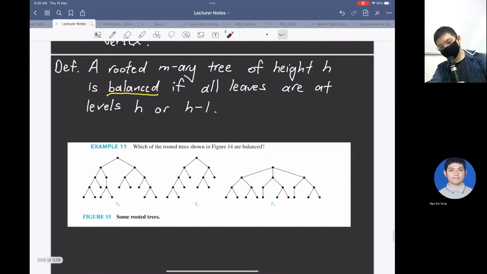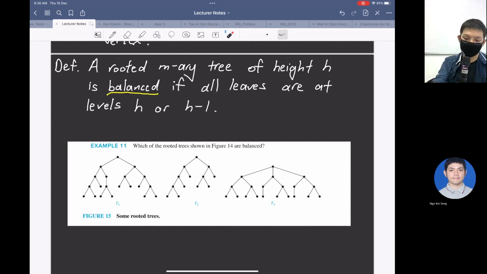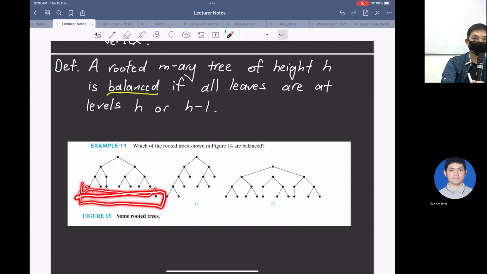Then we'll talk about when a rooted tree of height h is balanced. The tree is balanced if all the leaves are at level h or h minus 1. So all the leaves must be only at the maximum height or maximum height minus 1.